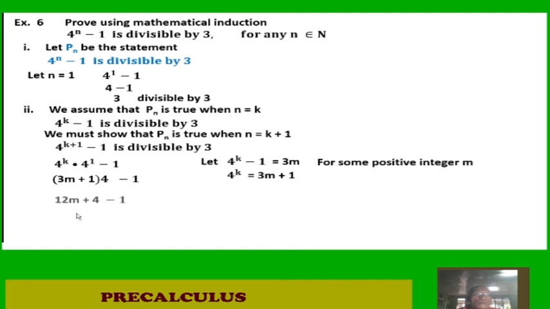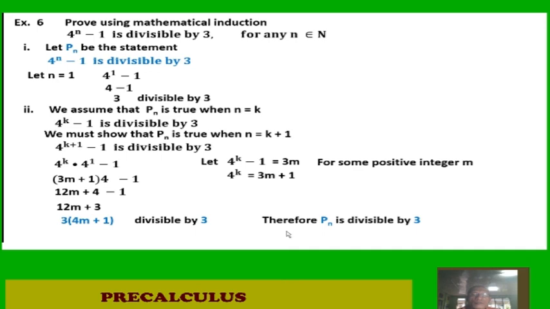Distribute 4: 12m plus 4 times 1 minus 1. 4 minus 1 is 3. Take note that 3 is common in these terms, so factor out 3. So 3 times the quantity 4m plus 1, which is divisible by 3. Therefore, P of n is divisible by 3.